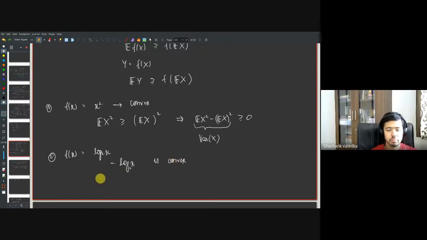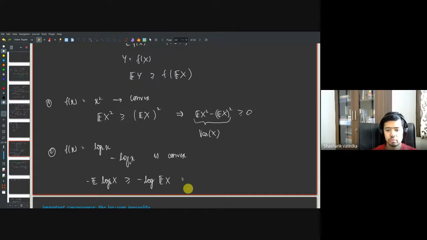So let's try to apply Jensen's inequality to this. It says that expectation of f of x, which is the negative expectation of log x, is always going to be greater than or equal to minus log expectation of x, right?